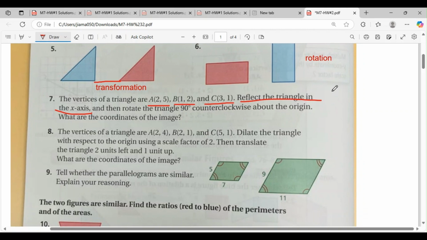Let's try it first. For example, A is (2, 5). We don't have to change the sign of x, so we just write it first, but we have to change the sign of y, which means 5 becomes -5.